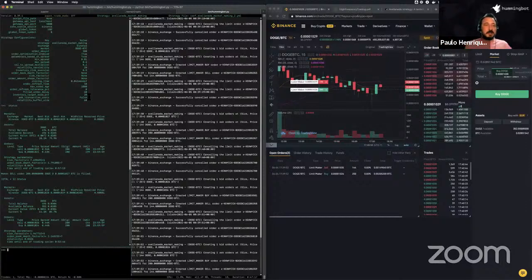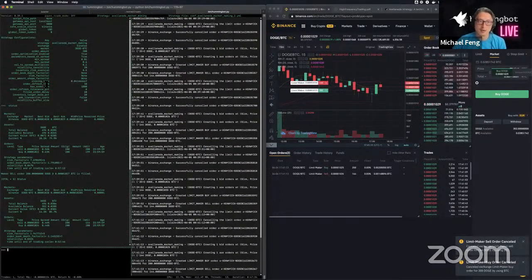So this is an interesting setting to play around with too. Yeah, absolutely. And echoing Paulo's point, the filled order delay, the closing time, and the order refresh are definitely a lot of interesting options. But I would say each of these really controls every aspect of how the bot behaves.